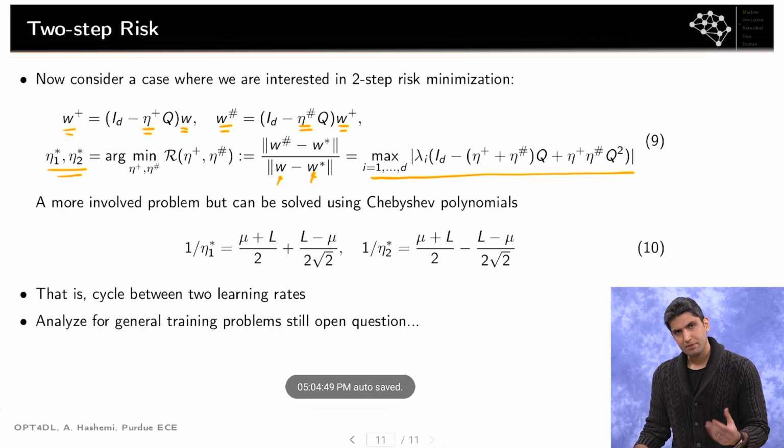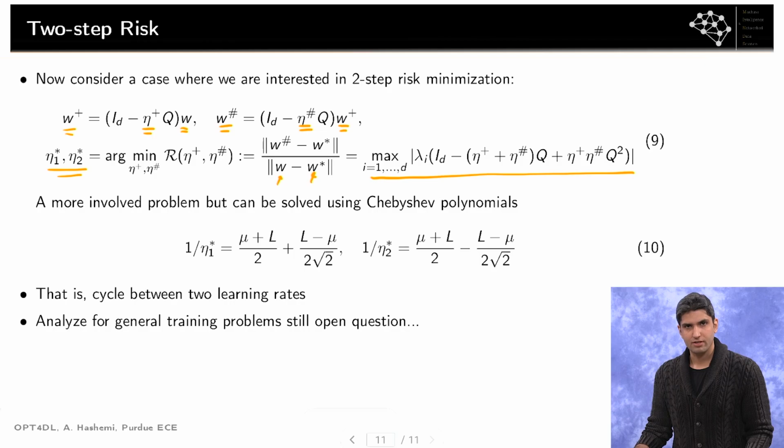Now, this again can be solved, but it's not as easy as a linear program like in the previous case. Nonetheless, you can solve it using an approach that we call leveraging Chebyshev polynomials. The main idea is that the reciprocals of these learning rates are solutions to a quadratic equation, so they are given by this and this.